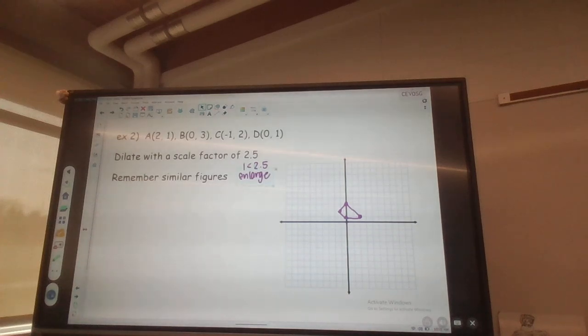None of the numbers are too crazy. But I'm basically taking all of these numbers and multiply by 2.5. Like 2.5 times 2 is just 5.